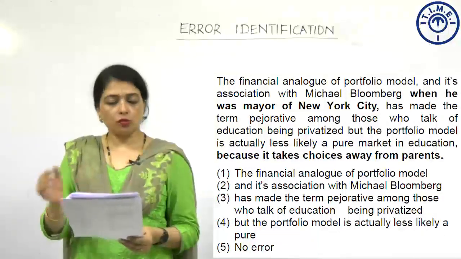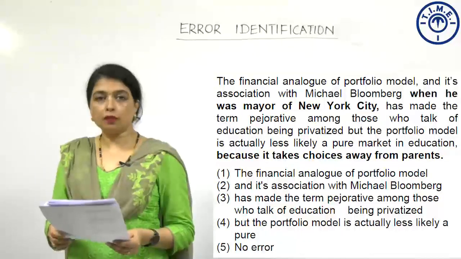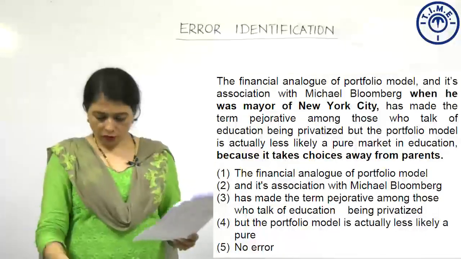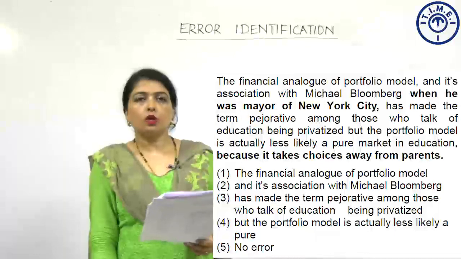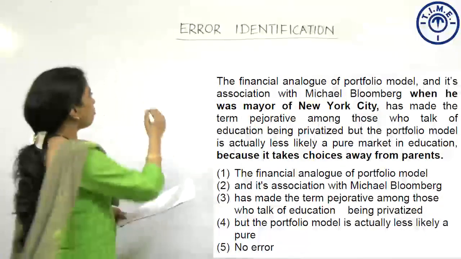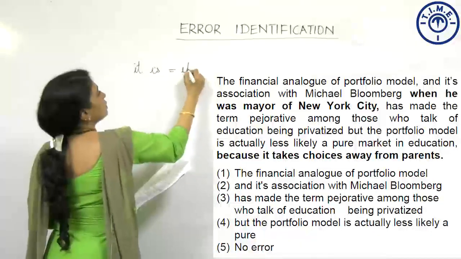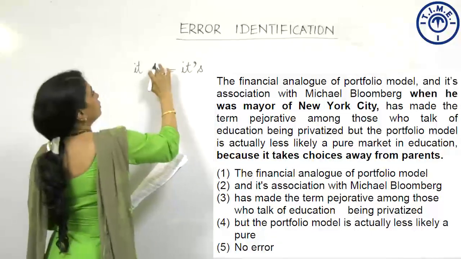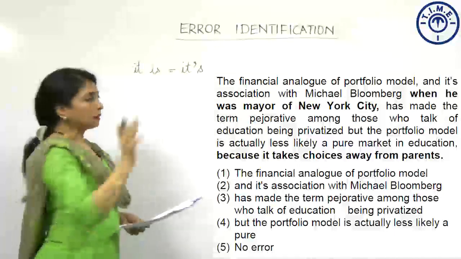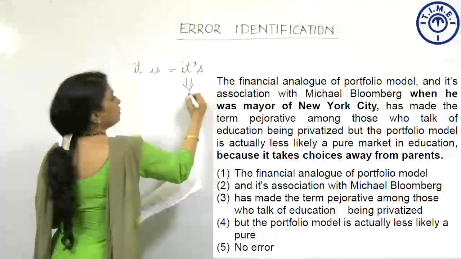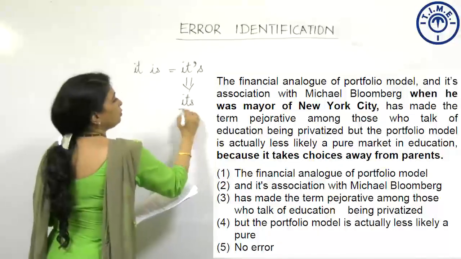And "it's association with Michael Bloomberg." Now, it's, with an apostrophe s, is actually a contracted or shortened form of "it is", and should not be considered interchangeable with the pronoun its.